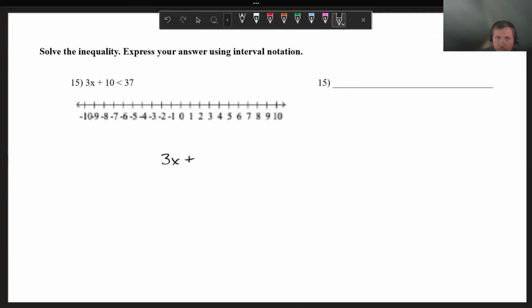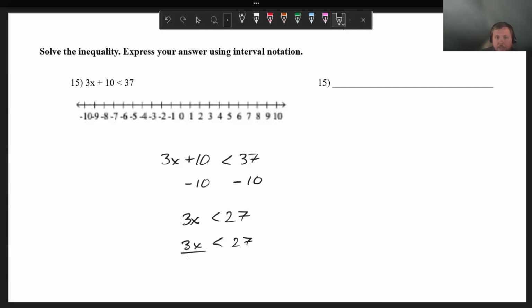So 3x plus 10 is less than 37. Okay, same deal, solve the inequality, express in interval notation. So I'm going to subtract 10 from both sides. I have 3x is less than 27. And I need to divide both sides by 3.